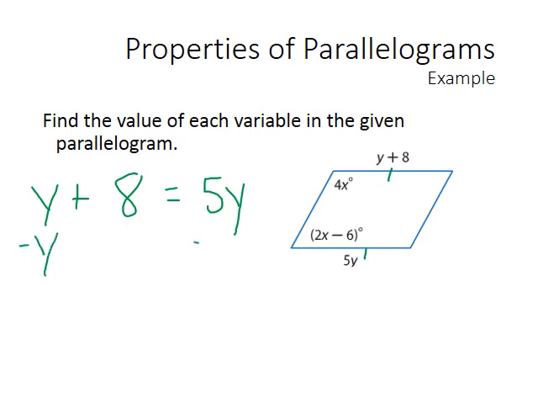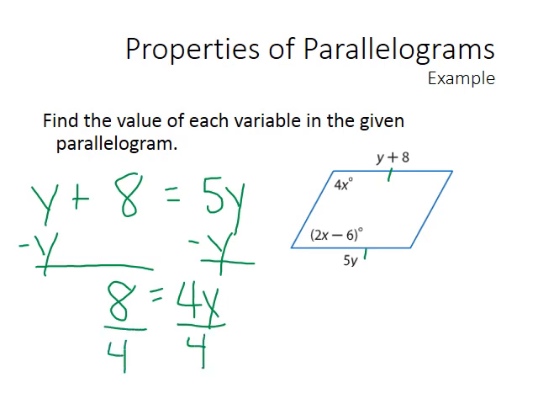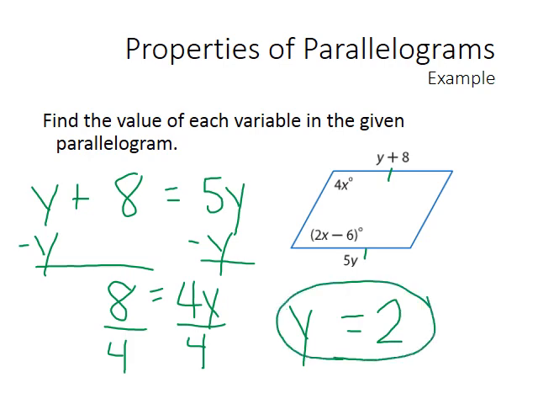Get all the y's together on the same side. 8 equals 4y. Real quick, divide by 4, and we know that y equals 2. And again, you could plug it into both sides and make sure they're actually equal to each other. 10 is equal to 10. Okay?